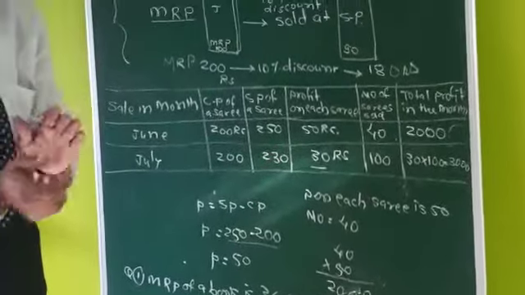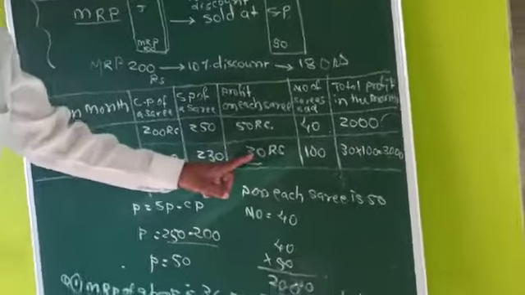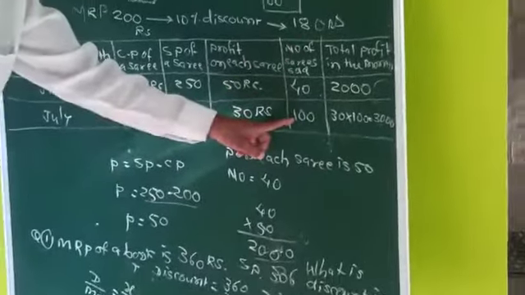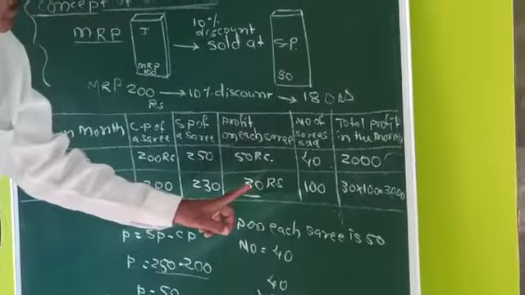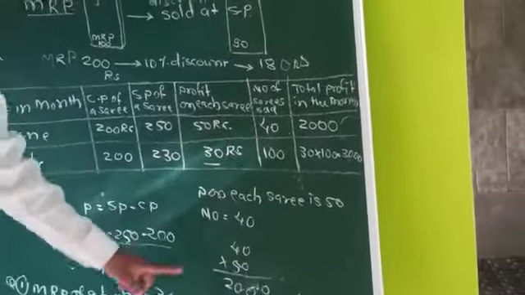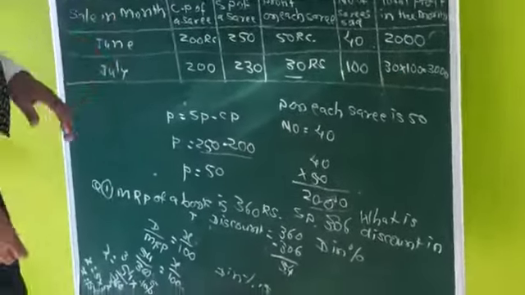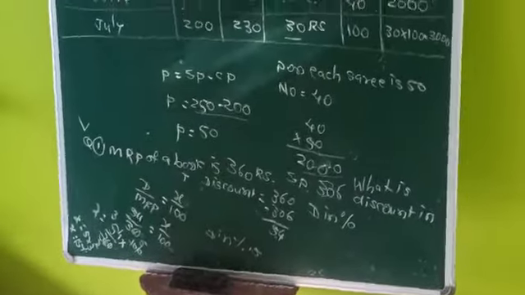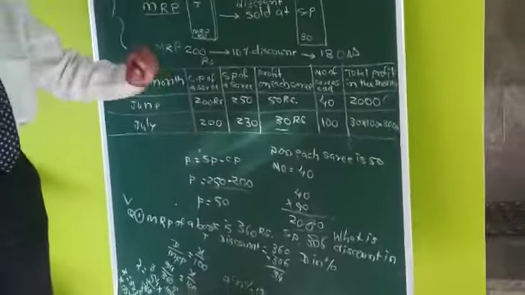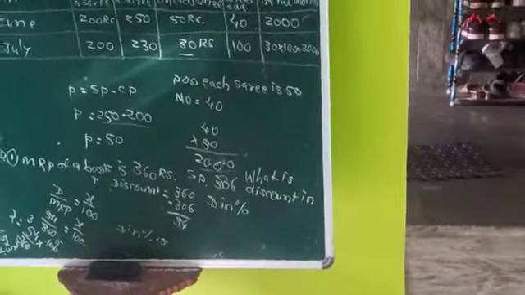Well, now you are doing well. So 30 rupees is profit on one saree. How many sarees are sold? 100 sarees. So 30 multiplied by 100 goes to 3000. Okay, so in this manner, you have cleared the concept of discount and profit.